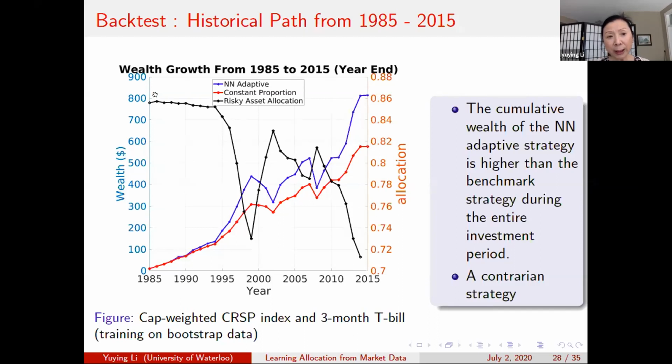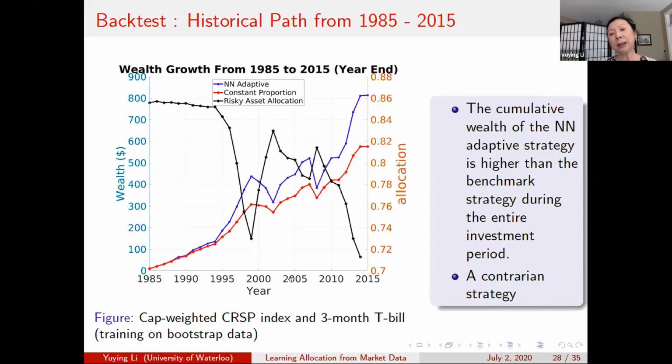And if I look at the allocation strategy on this particular path, you can see that it starts at around 86%, and then it goes way down, okay? When the market performed well and wealth became really high, the risky asset allocation went way down. And when the wealth went down, the asset allocation goes up.